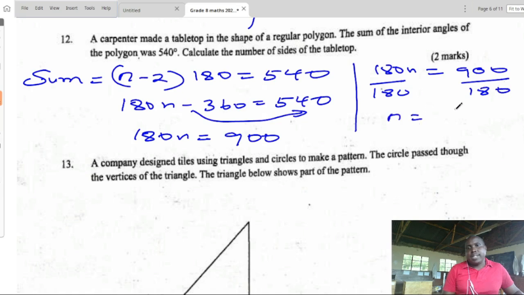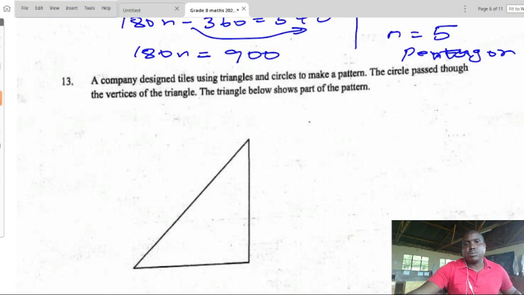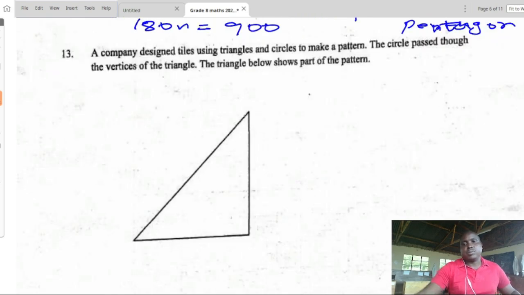Therefore, n is equal to 5. So that one was a pentagon. Five means it is a pentagon.